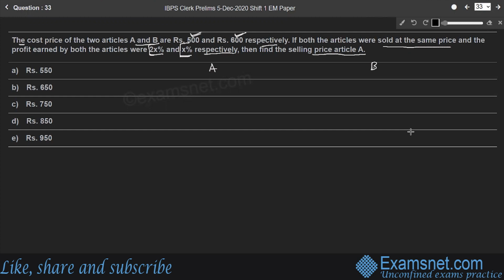So selling price, the formula is selling price is equal to cost price plus profit percentage into cost price. That means cost price plus, here profit is always calculated on cost price, right?